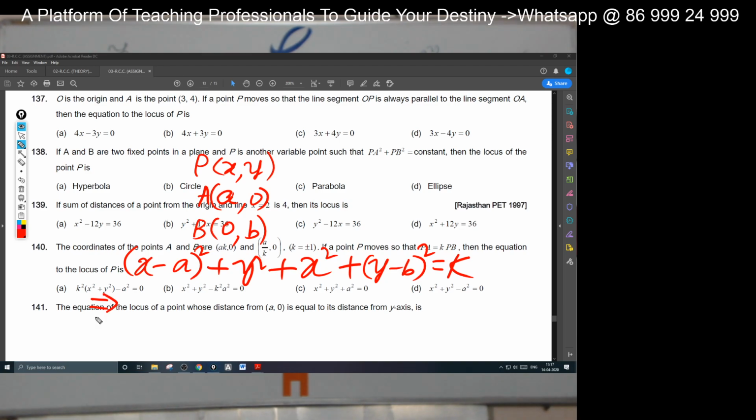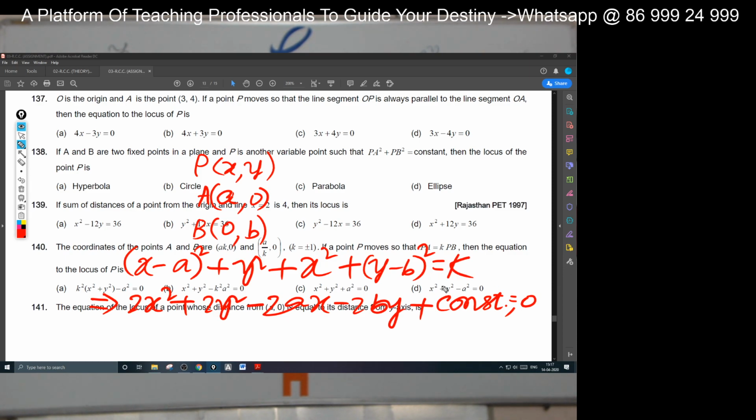You will get 2x square plus 2y square minus 2ax minus 2by plus a square plus b square minus k, which becomes some constant, is equal to 0.